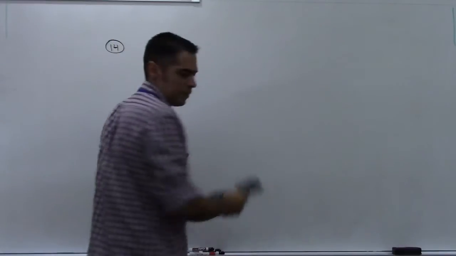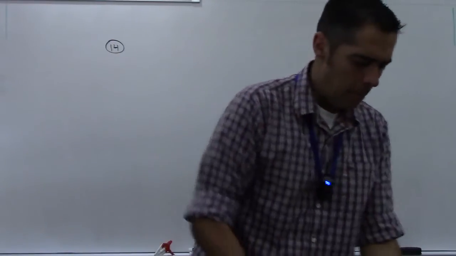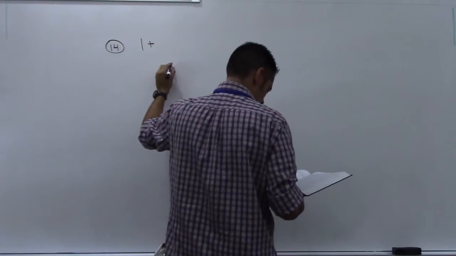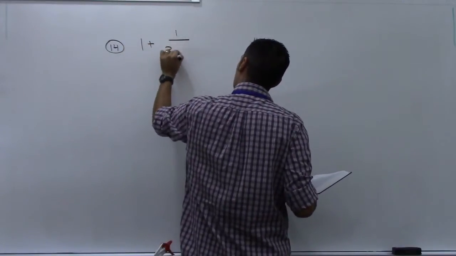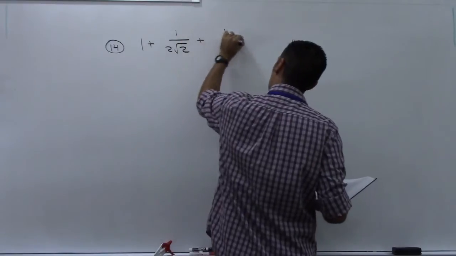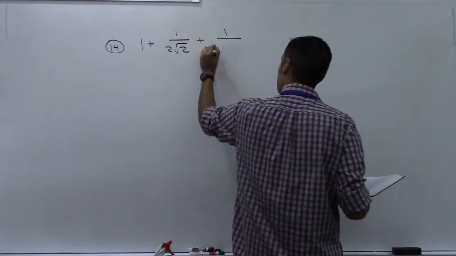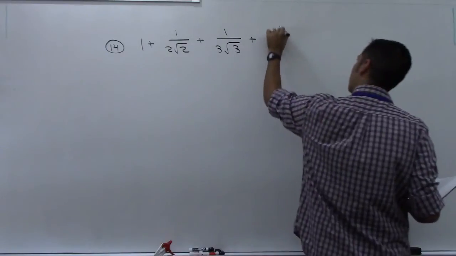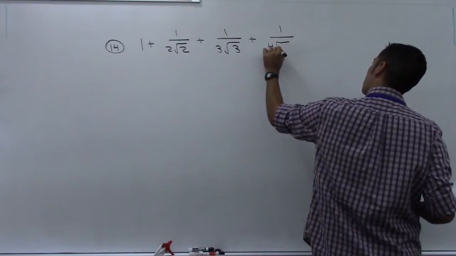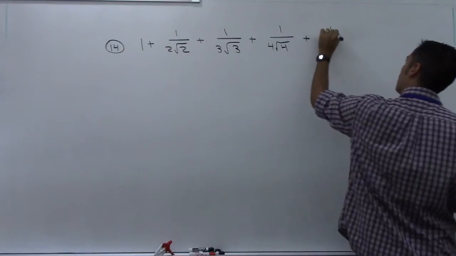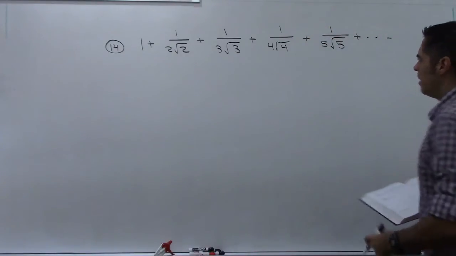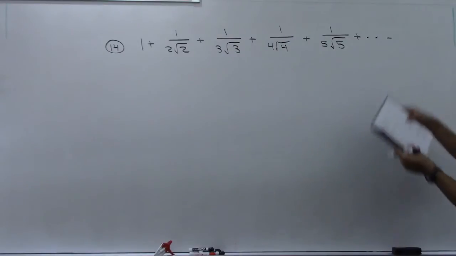14. 1 plus 1 over 2 root 2 plus 1 over, I'm going to guess 3 root 3, plus, I'm going to guess 4 root 4, yeah, 5 root 5. Did I do plus dot dot dot on the last one? I don't know if I did.